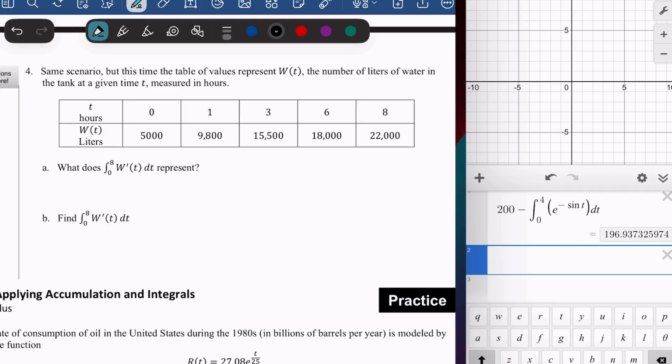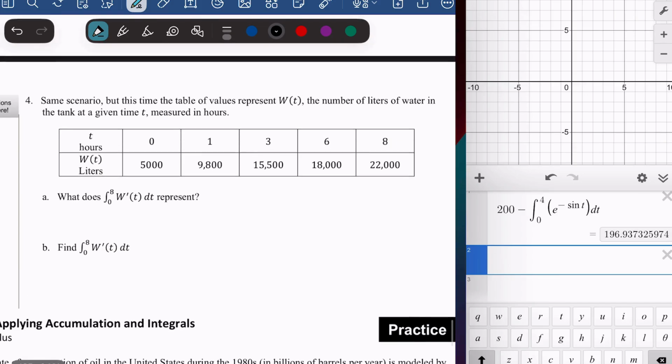Liters per hour. So in order to get that liters per hour, we could say that W prime of t is the same as giving us liters per hour, which is equivalent to R of t.